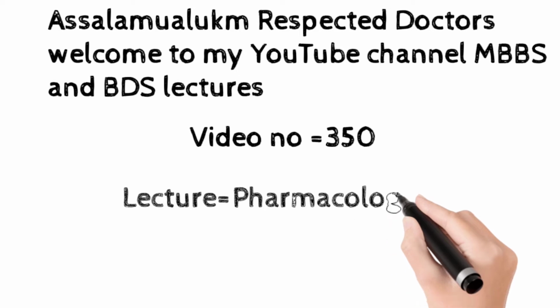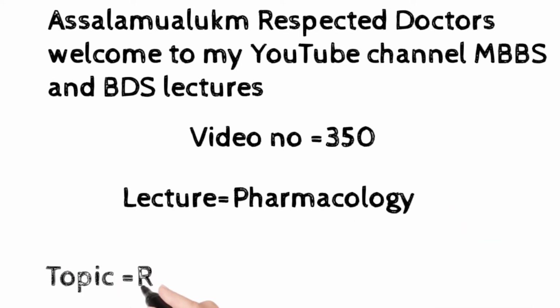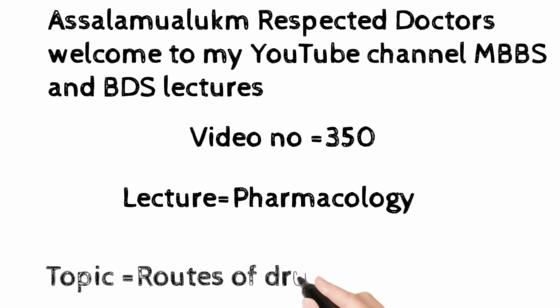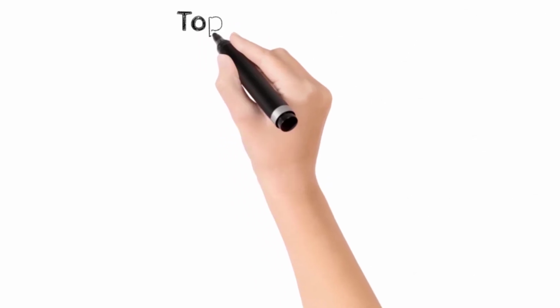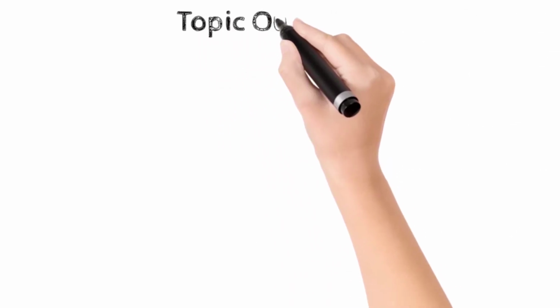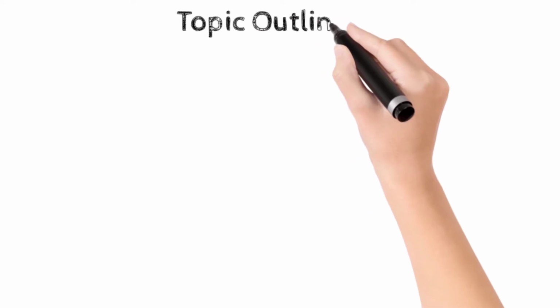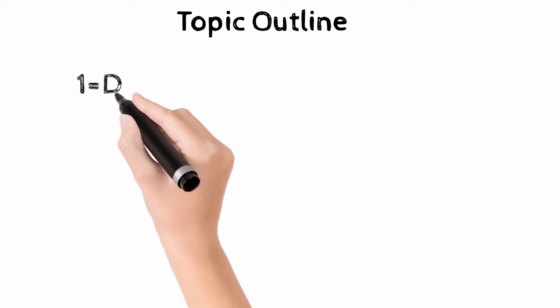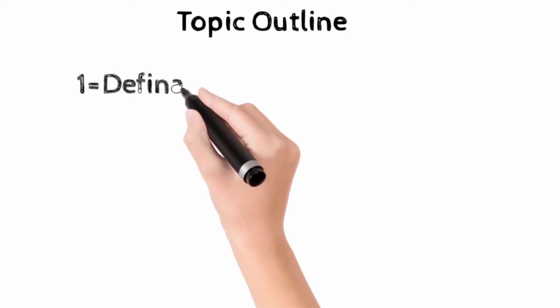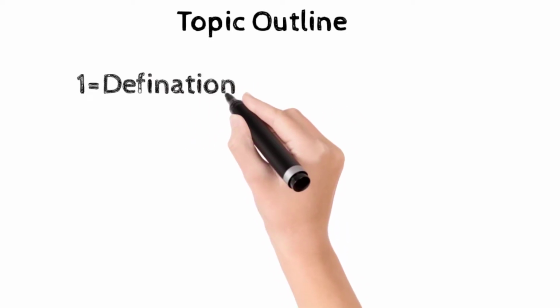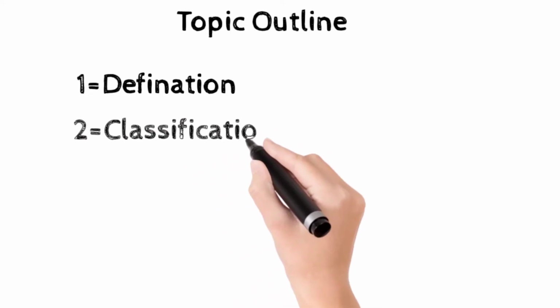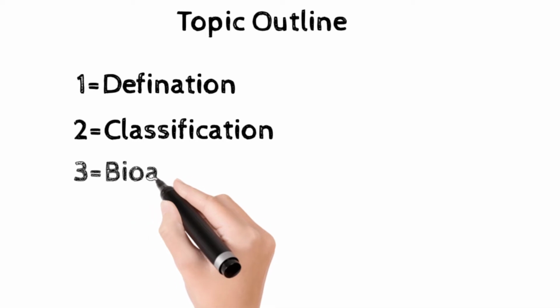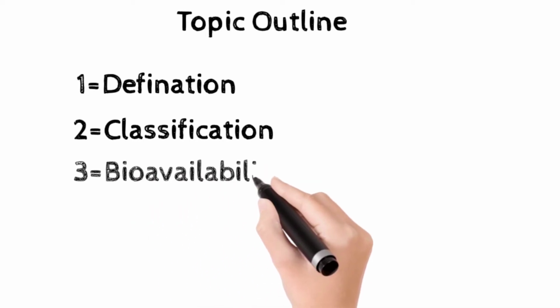Now today our lecture is related to pharmacology and today's topic is routes of drug administration. Today's topic outline: number 1, definition of routes of drug administration; number 2, the classification of routes of drug administration; and third, we will discuss bioavailability.